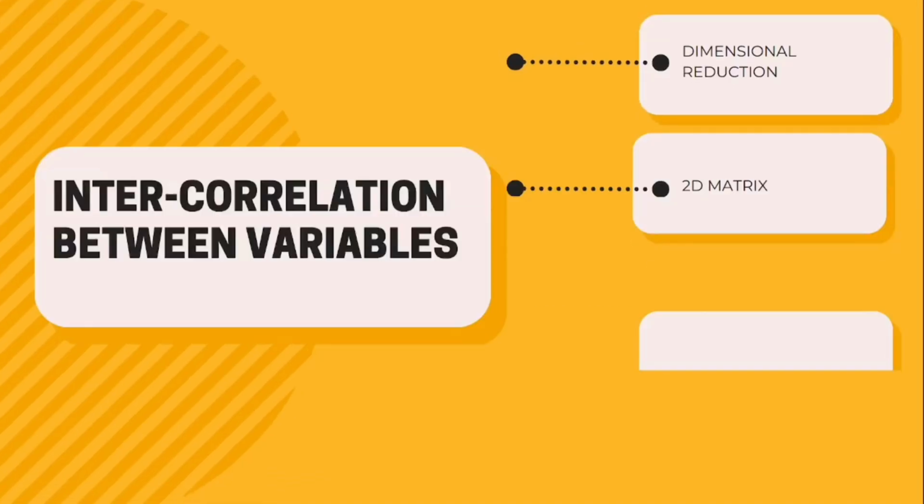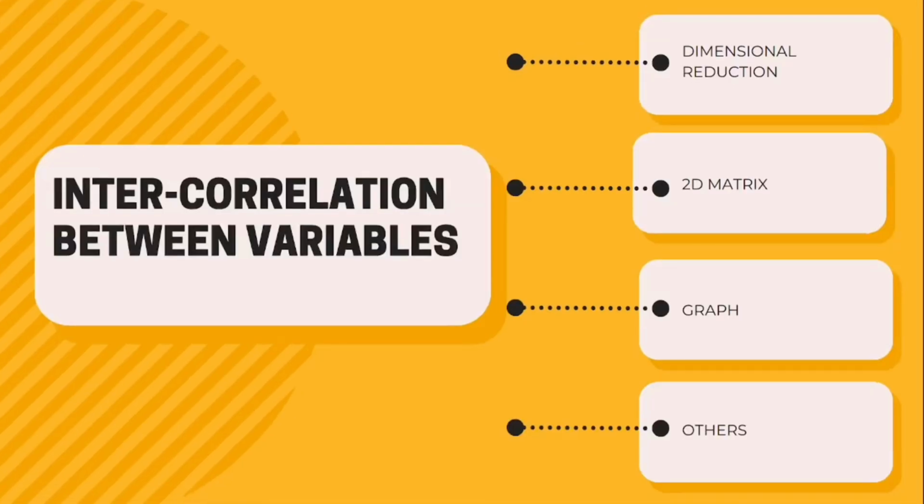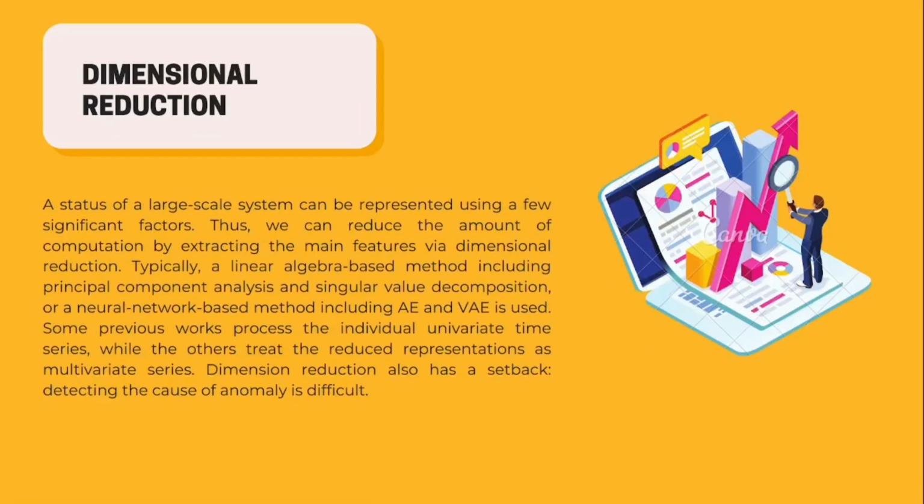First, beginning with the intercorrelation between the variables, there can be various ways like dimensional reduction, 2D matrix, and graph. First of all, let's see what dimensional reduction is. In dimensional reduction, we need some significant factors out of a large-scale system.